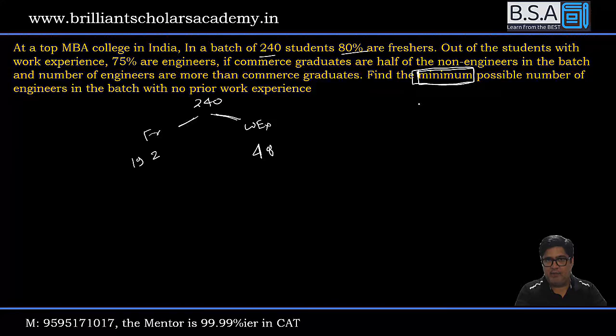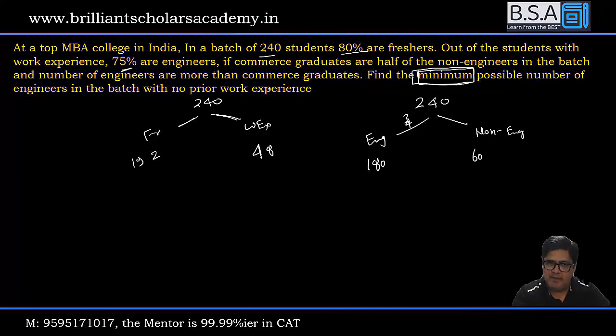Now we have further information that out of these 240, there are engineers. Engineers are 75%. 75% means 3 by 4. So there are 180 engineers. There are 60 non-engineers. And within non-engineers, there are also commerce people. Let us read that part.